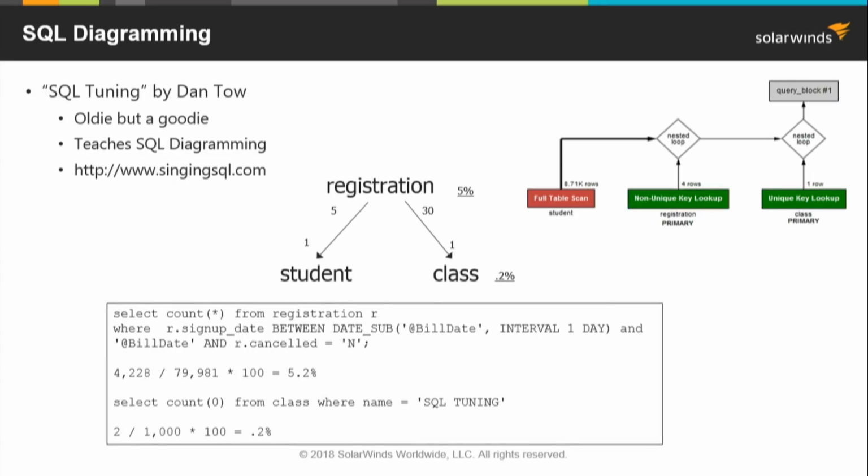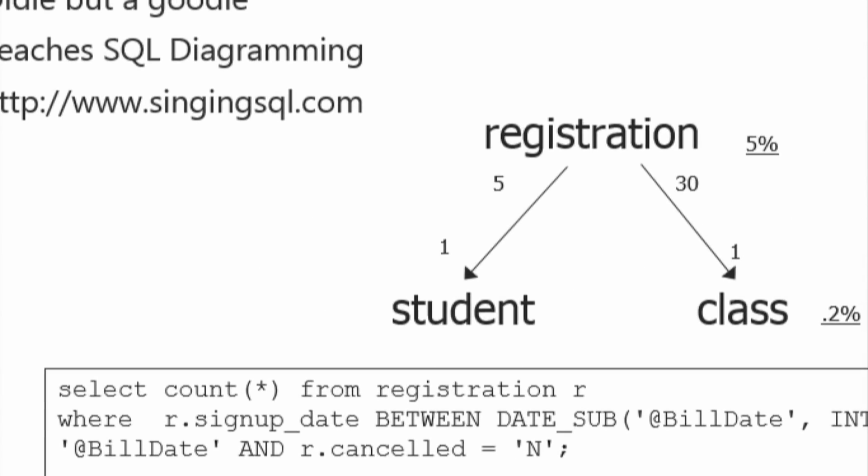So in our scenario, we had a registration table, a lookup into student, a lookup into class. The numbers here, and let me just show you that real quick, on the arrows are basically your join estimates. So what we're saying here is for every one student, I have about 5 registration records. And for every one class, I have about 30 students.